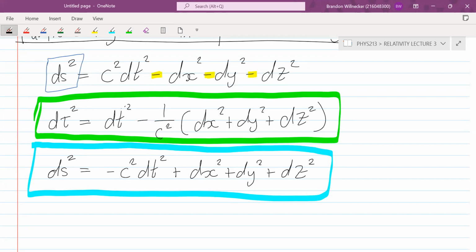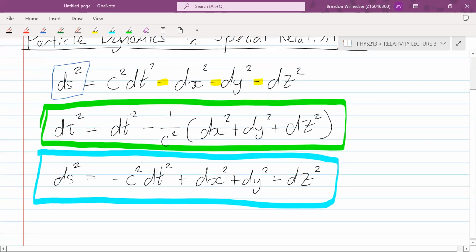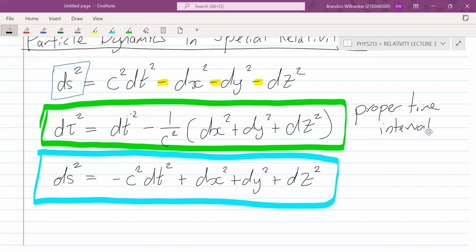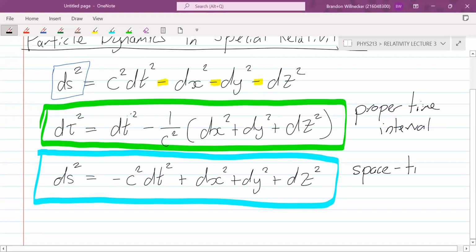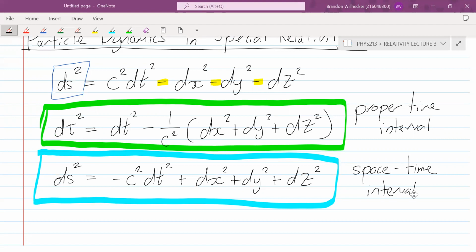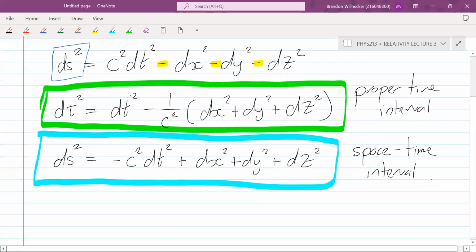This one in green, the d tau squared, is still proper time. So this is our proper time interval. And ds squared, we're not going to be using that to describe the metric anymore. ds squared from now on will be the space-time interval. Whenever we refer to the metric, we're going to be using g rather than ds squared. ds squared is only reserved for the space-time interval from now on.